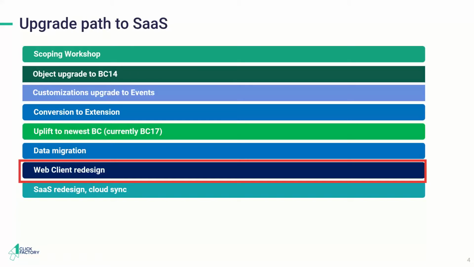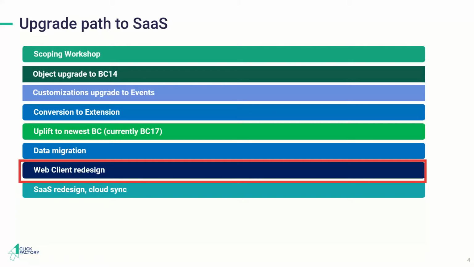Then we move customizations to events where possible. Then we convert everything to extension, also with preparations, with prefixes, with language fixes, usage category, move to the pages from menu suites and so on.